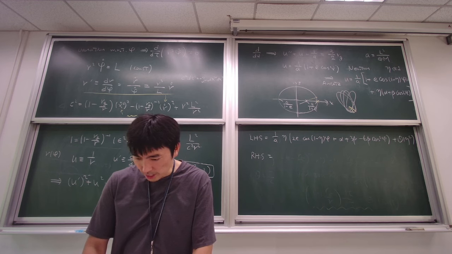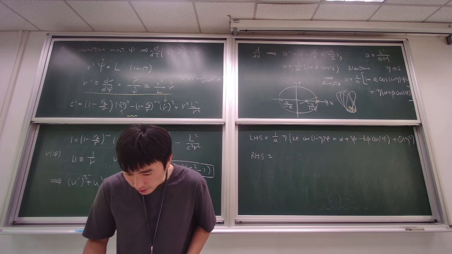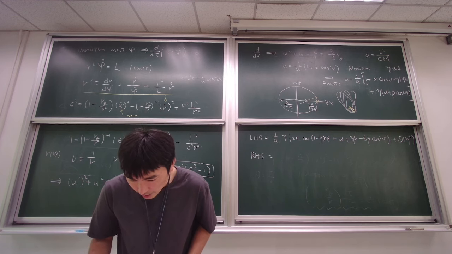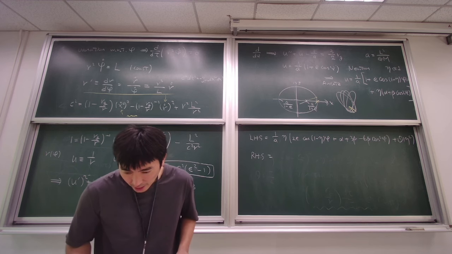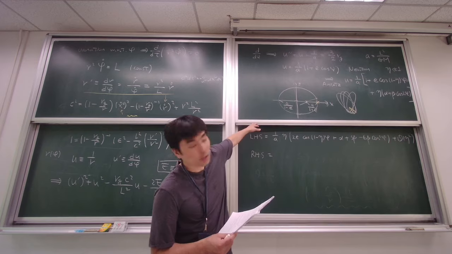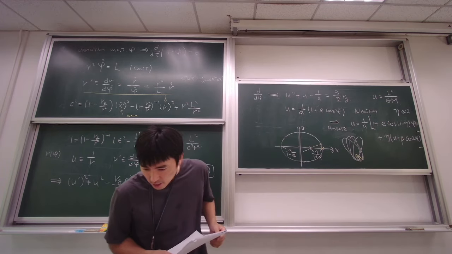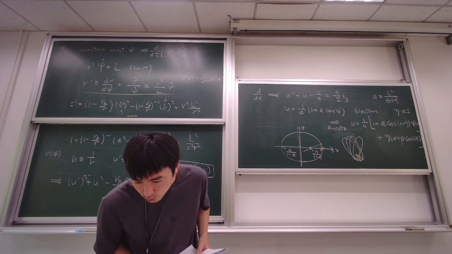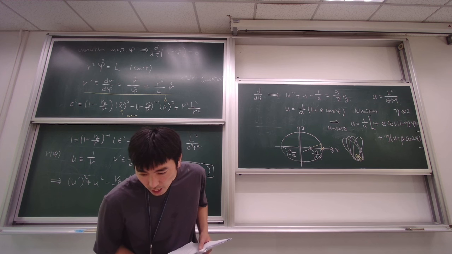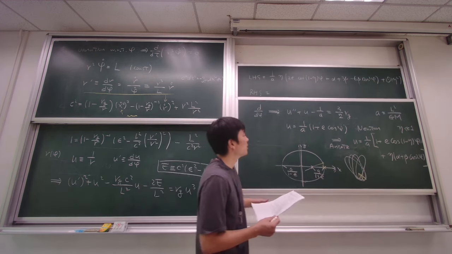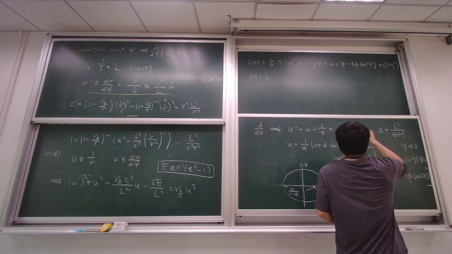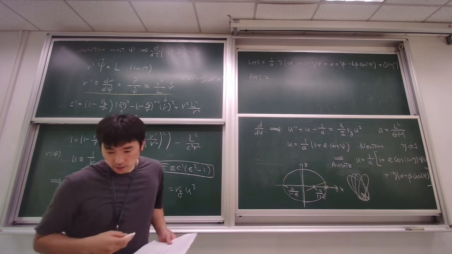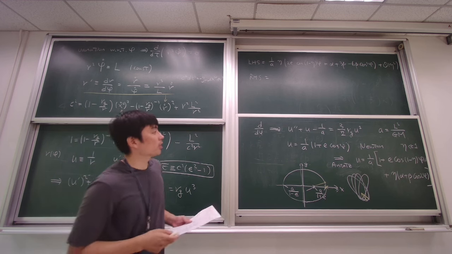I think I made a mistake. Sorry, I think I missed U squared, because the dimension is off somewhere. The U double prime is, yeah, I think I missed U squared here. Sorry, it should be U squared.